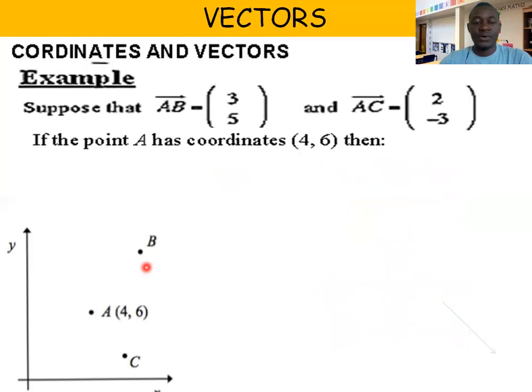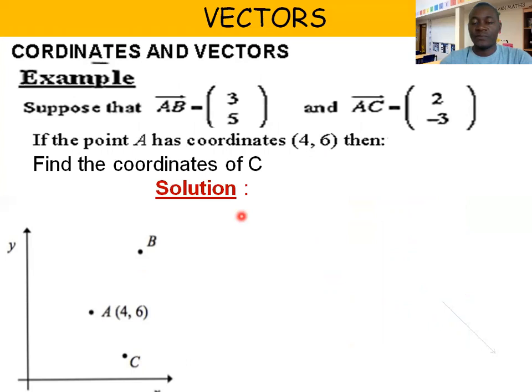Now, in looking for the coordinate of C, we follow the same step. We are given the vector AC. The vector AC will definitely be AO plus OC.